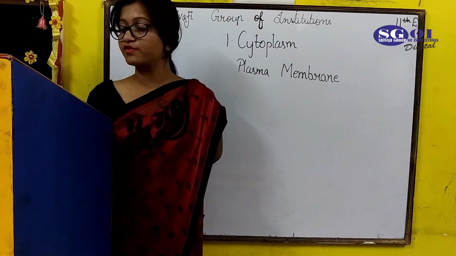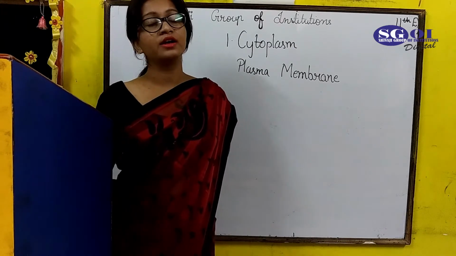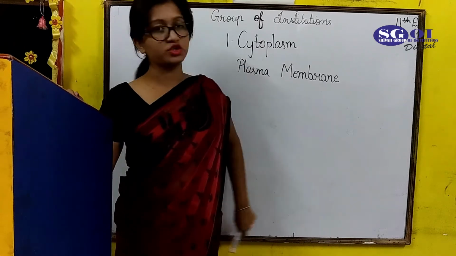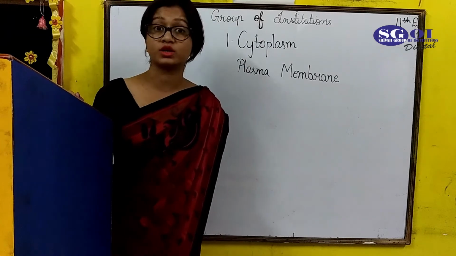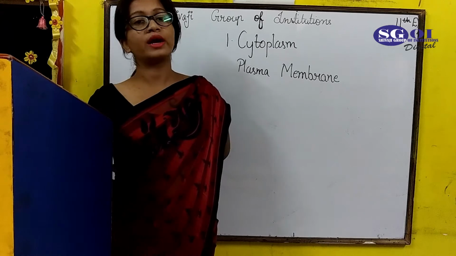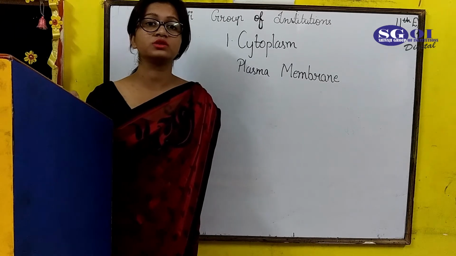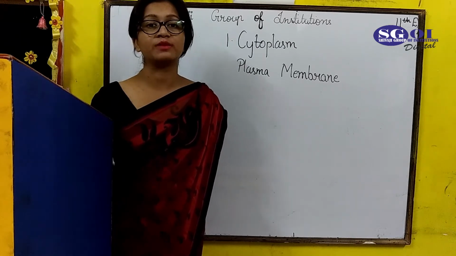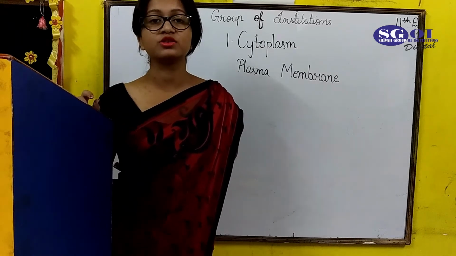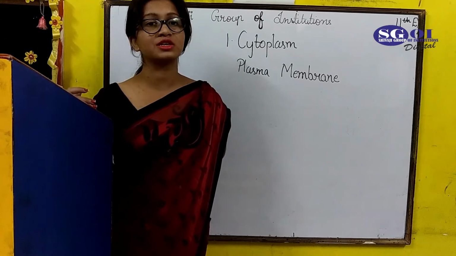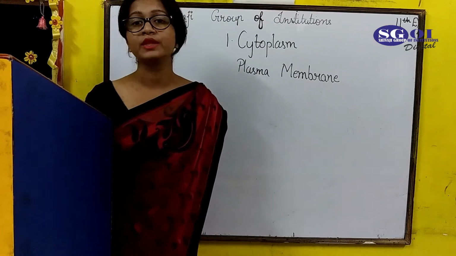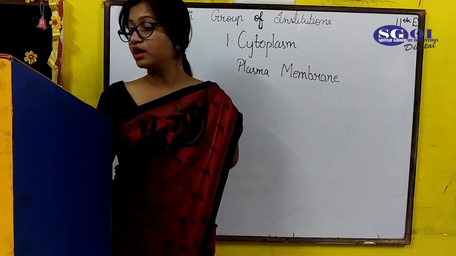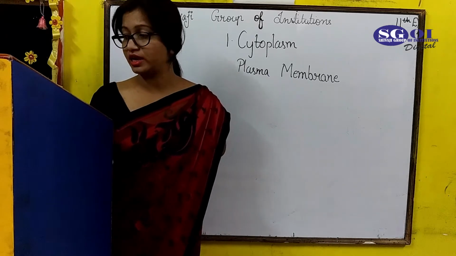There are several models accepted for the structure of plasma membrane, because the structure is quite complicated, and several scientists gave different models to explain it. The first model was the sandwich model, given by Davson and Danielli.